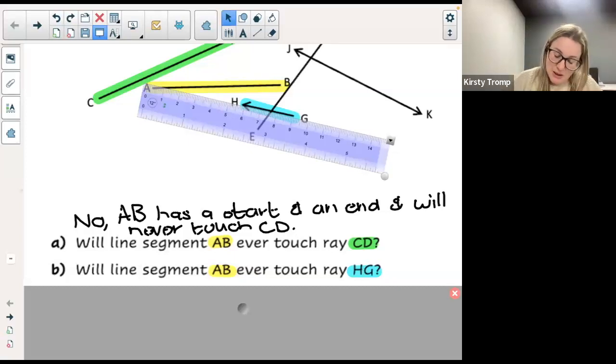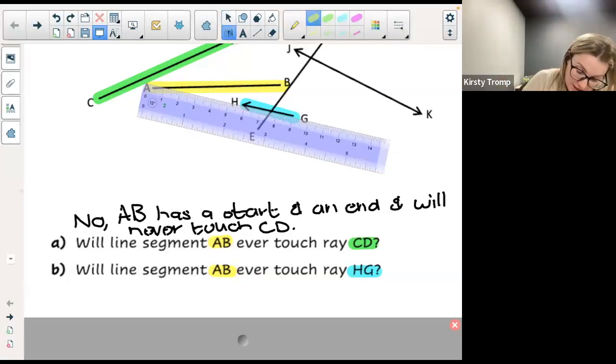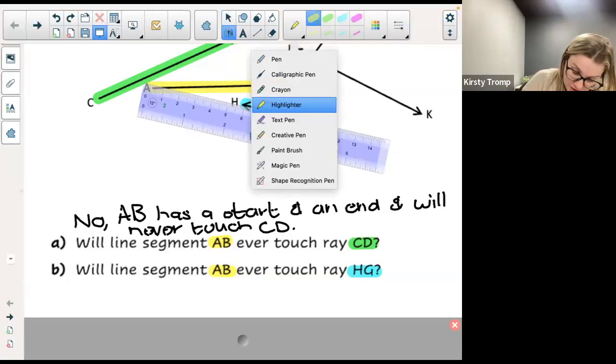Okay, I really like the way that Mulalo put that. Mulalo said, all right, HG is a ray, right? So it will continue until it goes into line segment AB. So let's write that in some words.